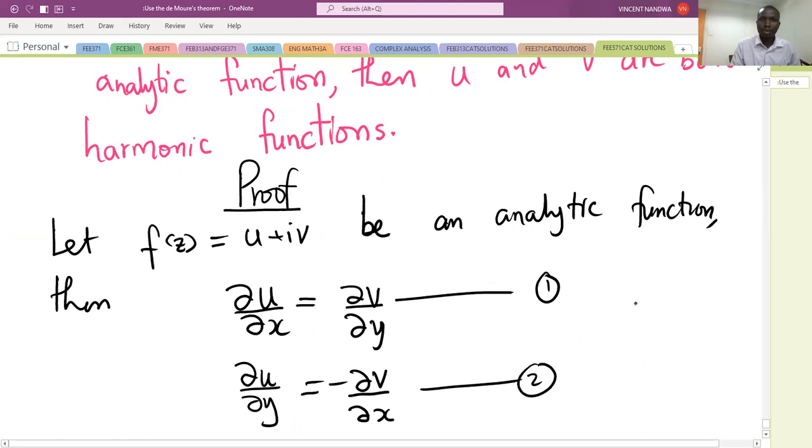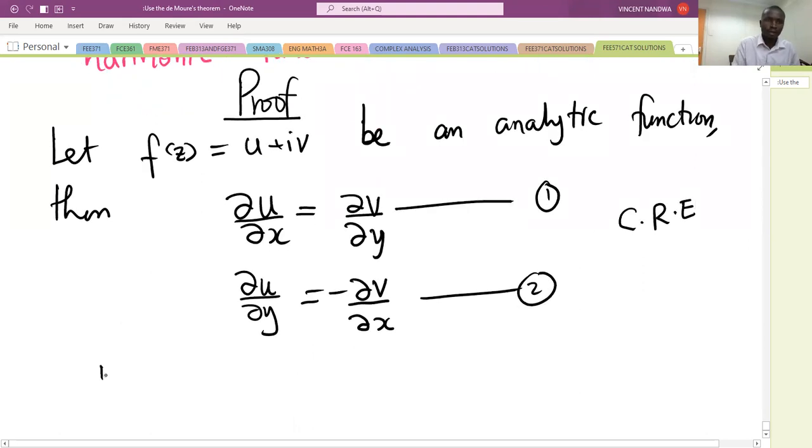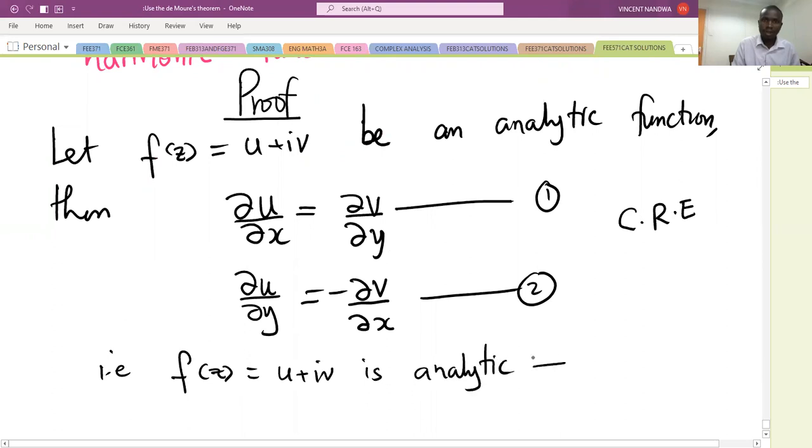So these are what we call the Cauchy-Riemann equations, i.e. f of z equals u plus iv is analytic implies u and v satisfy the Cauchy-Riemann equations.